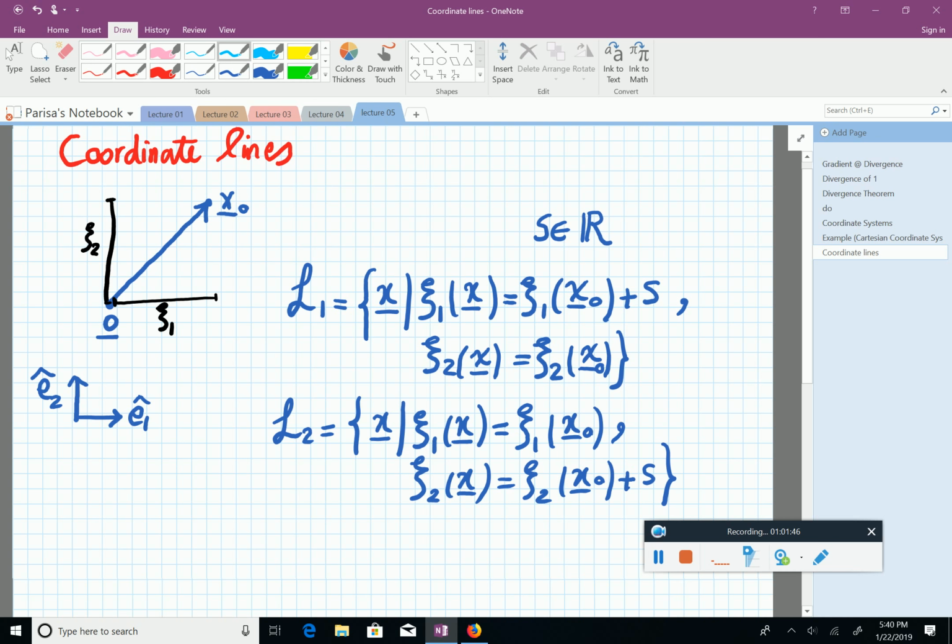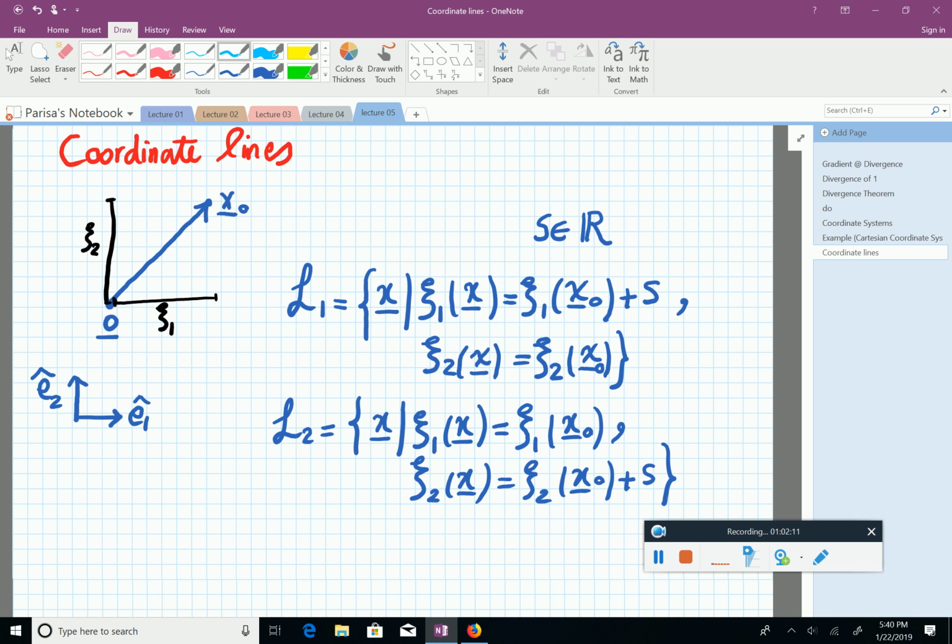It says all the points whose first coordinate is equal to the first coordinate of x naught plus or minus some number, right? And then the second coordinate has to be equal to the second coordinate of x naught.